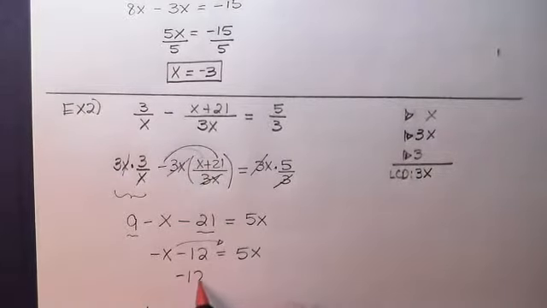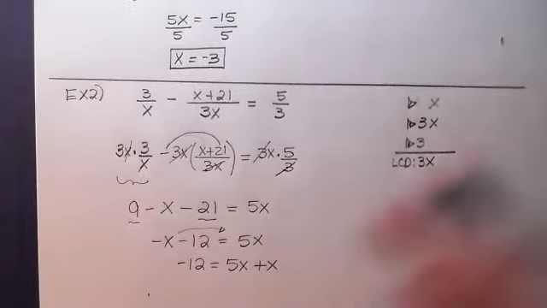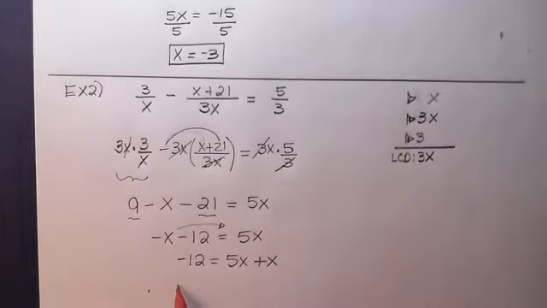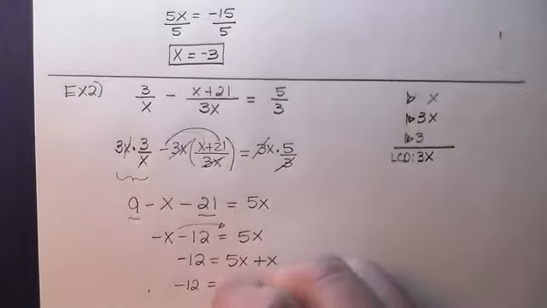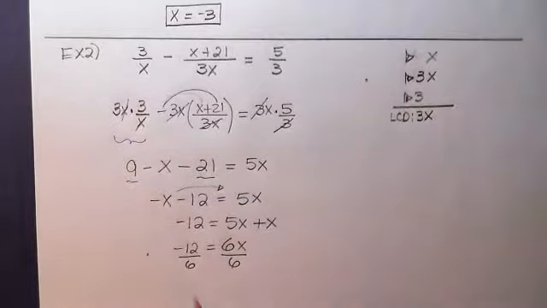So negative 12 equals 5x plus x, so negative 12 equals 6x. And we divide both sides by 6. That means x equals negative 2.